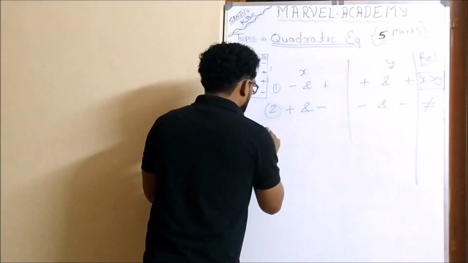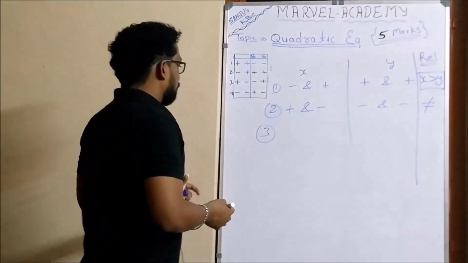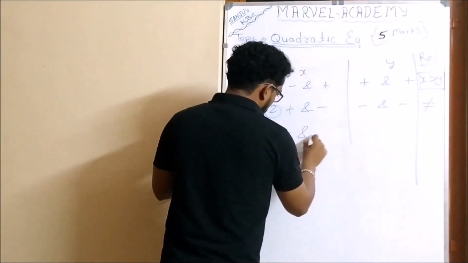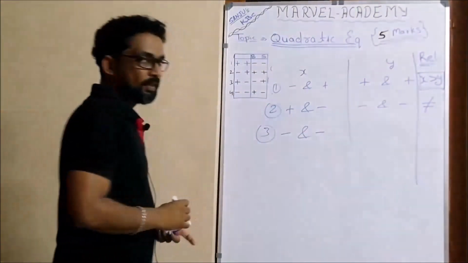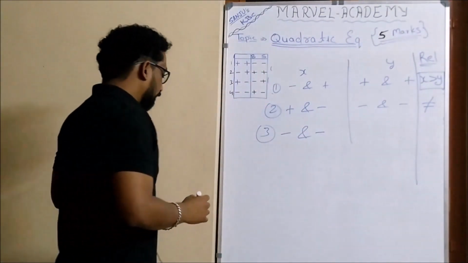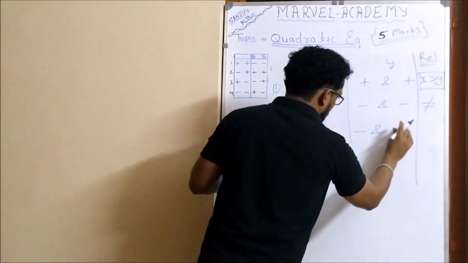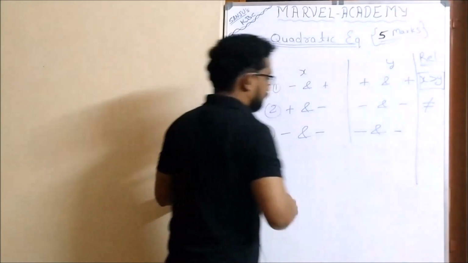Third type, when the sign of x is both minus minus as well as the sign of y is both minus.